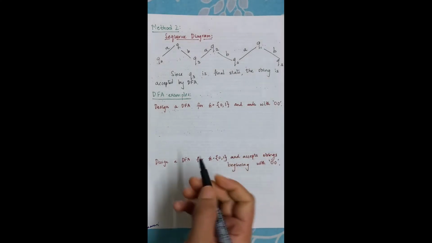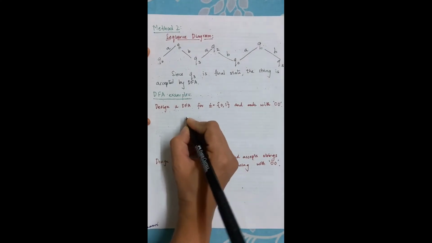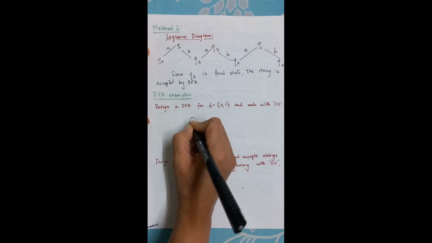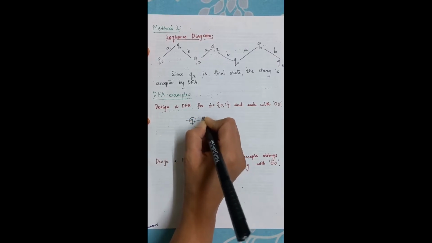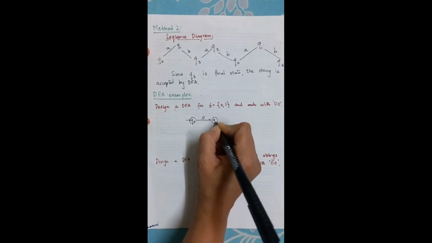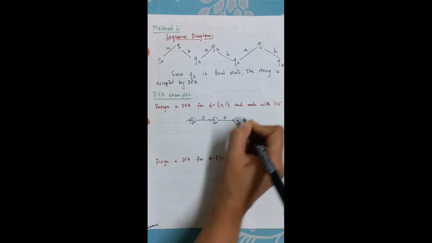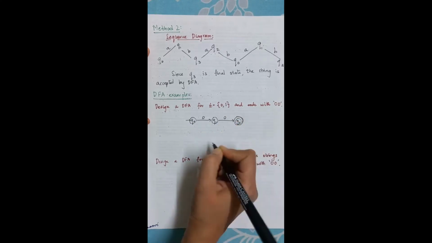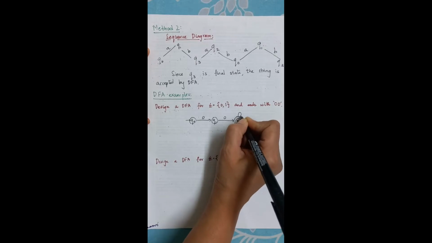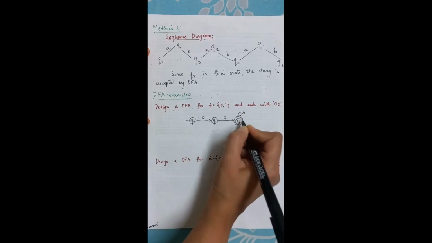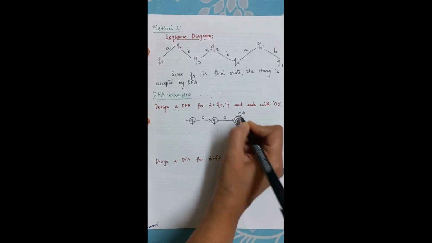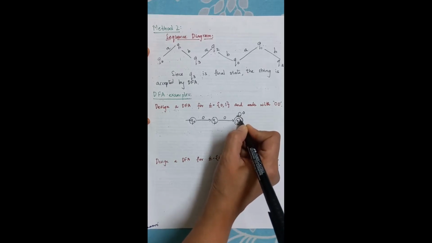with 0, 0. So now my aim is that if there is 0 and 0 in the string, then it needs to be accepted by a final state, following which there can be more zeros. So if there is 0 and 0, the string is accepted, after which again there can be more zeros.